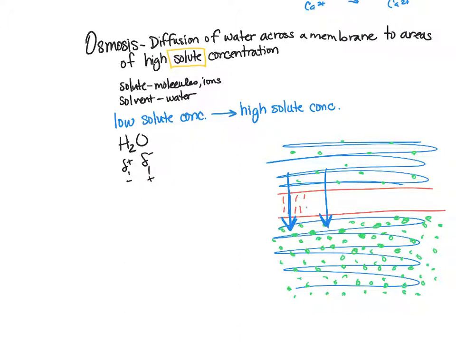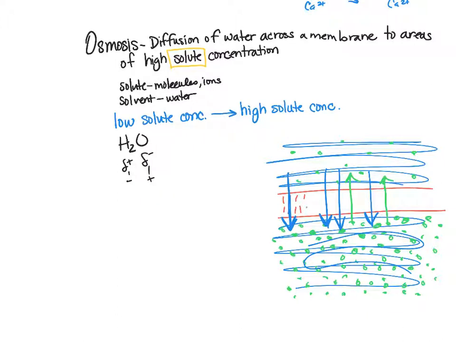In order to do that, instead of moving the solutes out of the cell in this direction, because we don't want them out of the cell, what we're doing is moving water into the cell so we can dilute all of these solutes to make it the same concentration inside of the cell as outside of the cell.